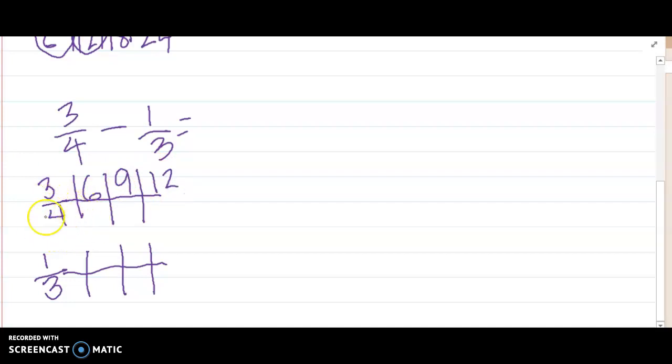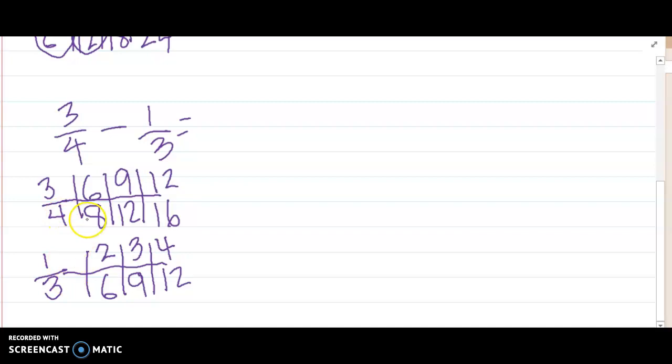Multiples of 4: 4, 8, 12, 16. Multiples of 1: 1, 2, 3, 4, and count by 3s: 3, 6, 9, 12. Alright, so remember we're checking the bottom number. I am not even thinking about the numerators, only the denominators.